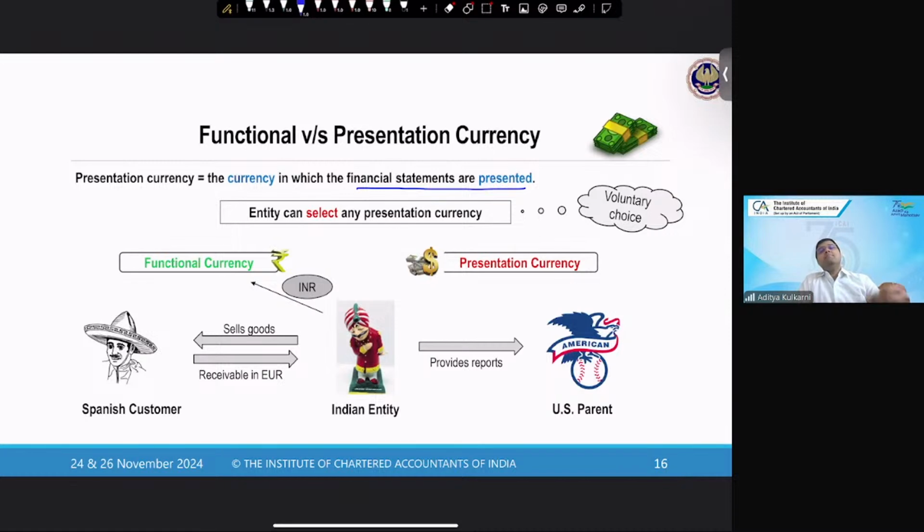It is just a presentation change that you have done. It is just a change in the presentation currency. Is it okay? So therefore, the presentation currency in this case is going to be US dollar. Functional currency is INR. Our reporting for the local requirements will happen in INR. But what you are doing for the foreign entity is making it presentation currency based financial statements. Are we okay with this?